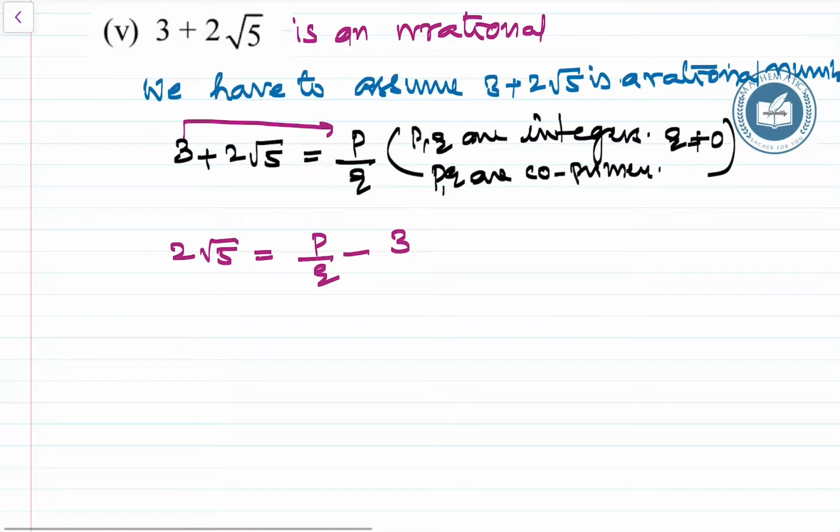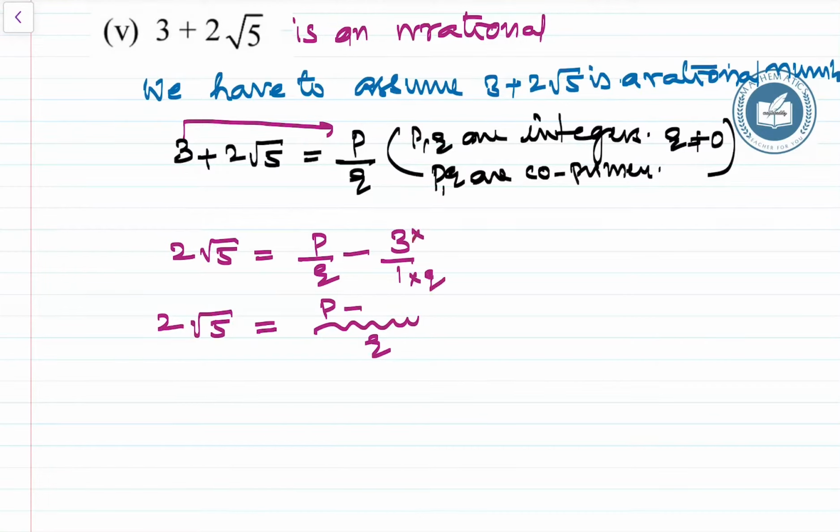To simplify the right hand side, we take the denominator of 3 as 1. Here the LCM is q, so p minus 3q upon q. Now this 2 is to be transposed from left to right, so root 5 equals p minus 3q upon 2q.